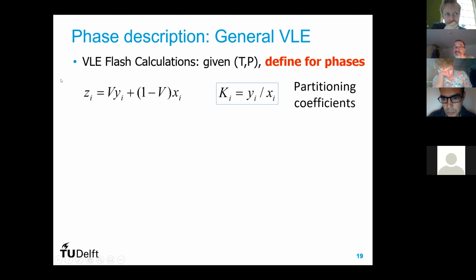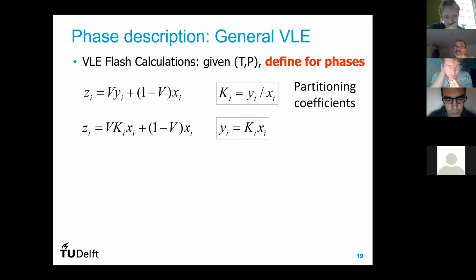Now, if I take this equation and this relation, and in this equation I substitute 1 minus V instead of L, because the sum of L and V is equal to 1, then you can rearrange a little bit.